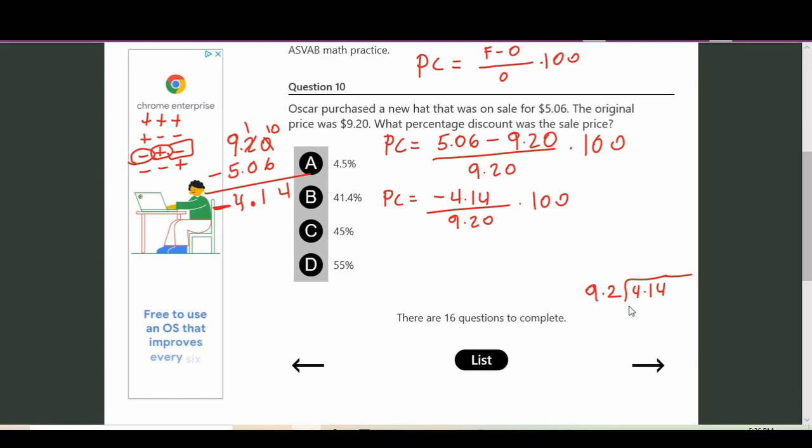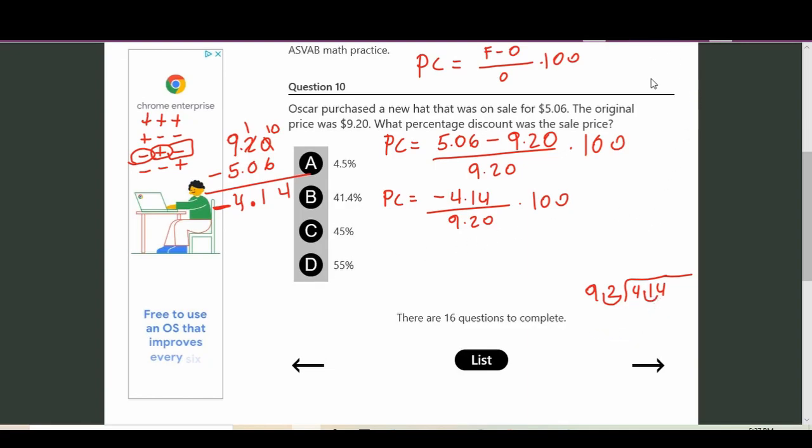And as you can see, I'm doing division by a decimal, and since this decimal is outside the division bracket, I can't proceed as I normally would in long division. Before I can proceed, I have to shift the decimal place one time to make 9.2 into 92. What I do outside the division bracket, I have to do inside the division bracket. So I'm going to shift this one time as well.